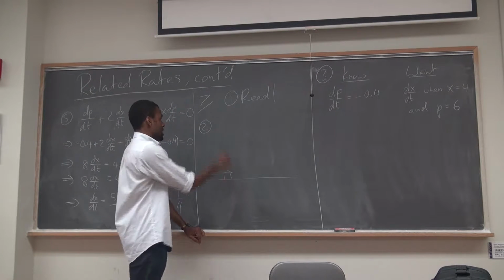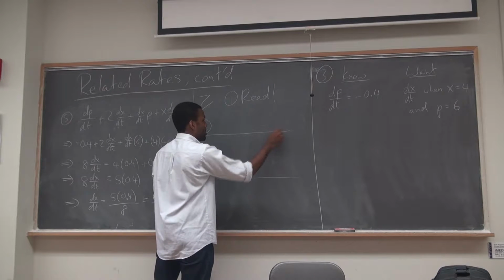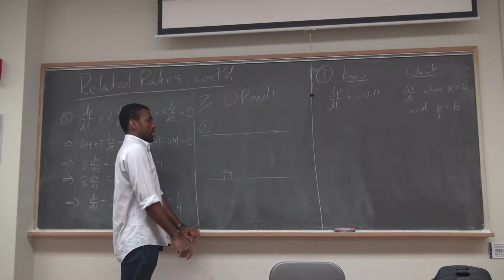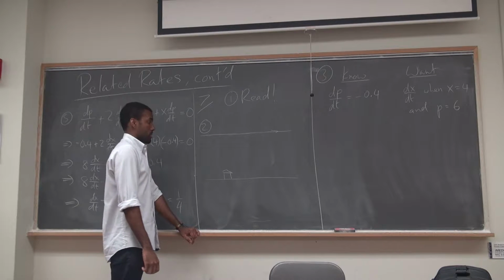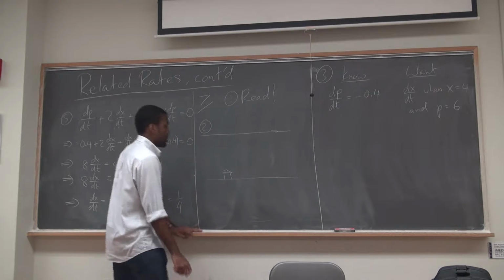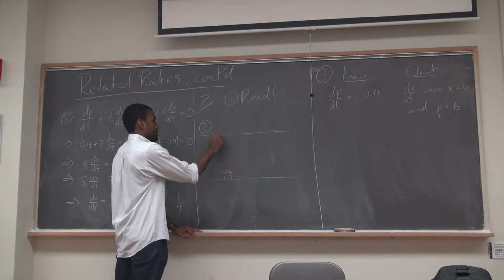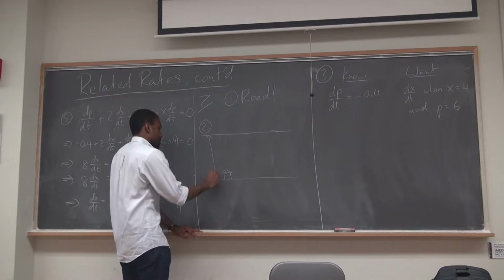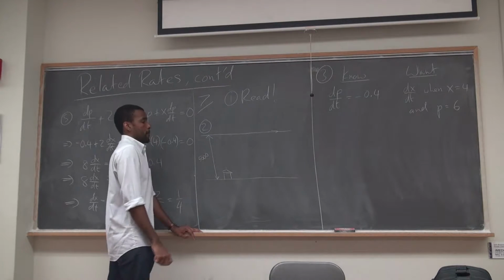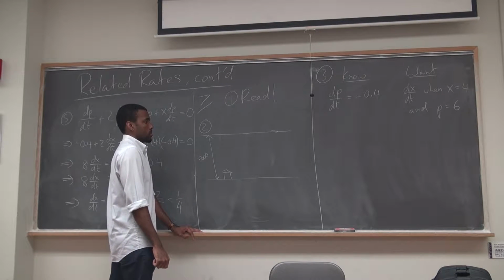So what's Superman doing? He's flying over the house. Now his altitude is 5,000. So this distance here is 5,000, just a little hair under a mile up.